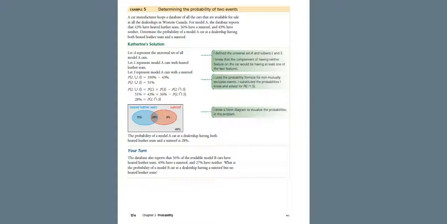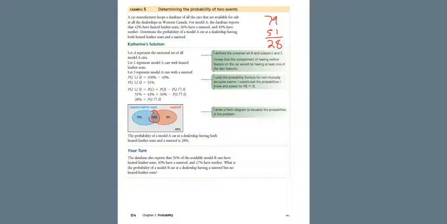We've got 43 and 36, so 43 plus 36 is 79. So we have to have 79, but there's only 51, which means there's 28 that have both, right? So there's 28 that go in both.